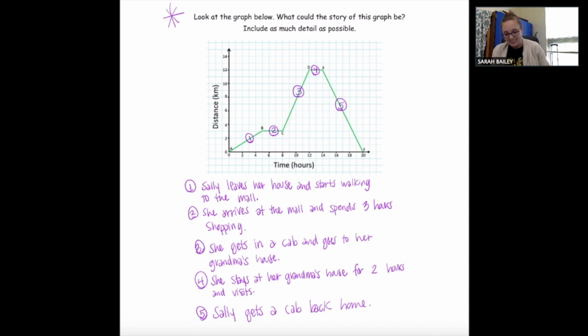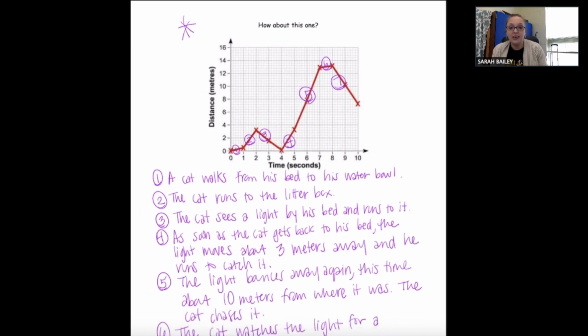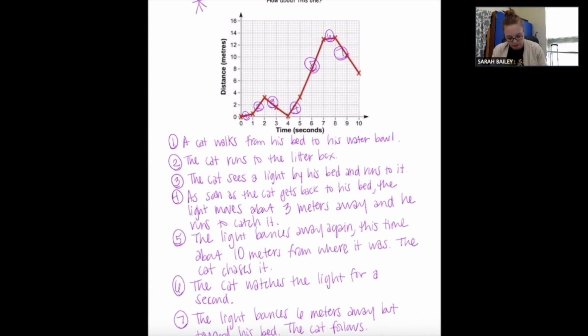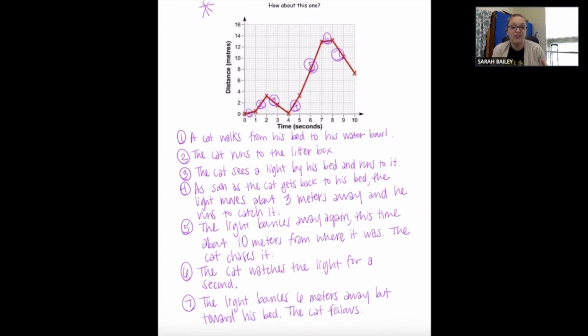Okay, great. And then here's my second story. Let's zoom out. There we go. There's all of it. Again, I've labeled each section. I saw that there were 7 sections, so I've got 7 steps. Again, this time the time is measured in seconds, so make sure that when you wrote your story, you were taking that into account.